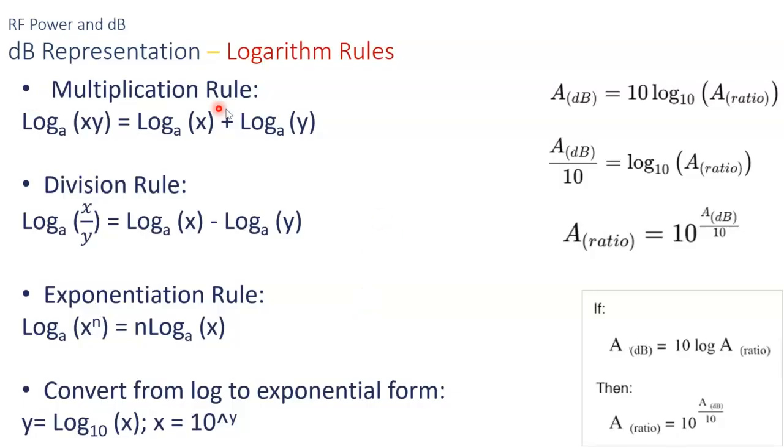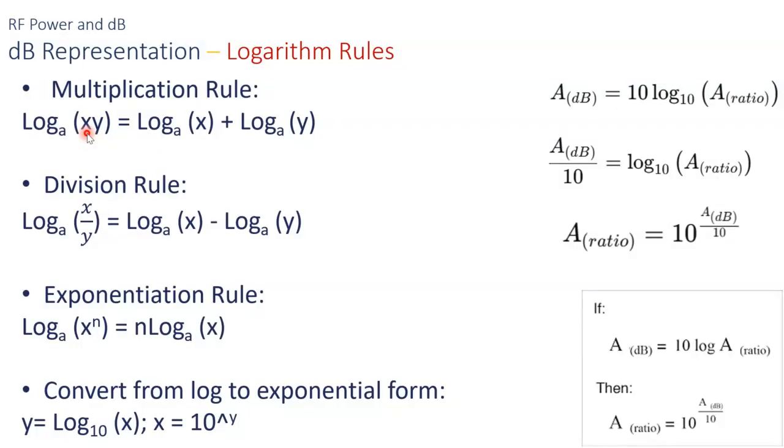The multiplication rule, log of x times y. Here log to the base a. For sure, log can be log to the base 10, or log to the base 2, or log to the base e. In wireless communication, we will use log to the base 10. In all this chapter and other chapters, we will use log to the base 10.